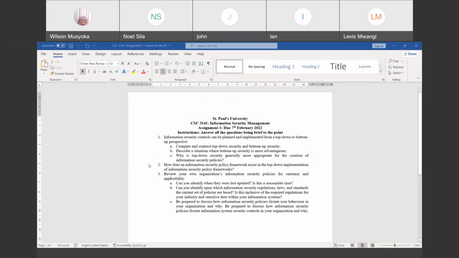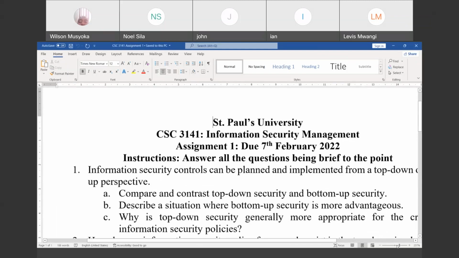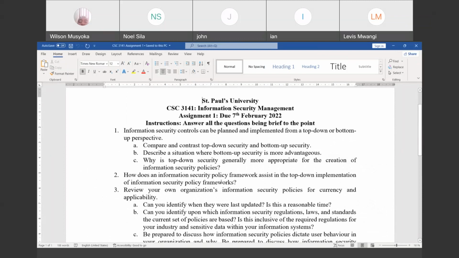So the first question was asking about how information controls can be planned and implemented from either a top-down or bottom-up perspective. Here, you will look at what is top-down security and what is bottom-up security.